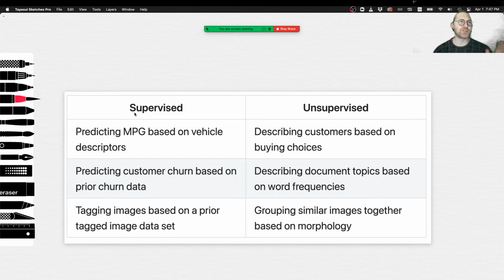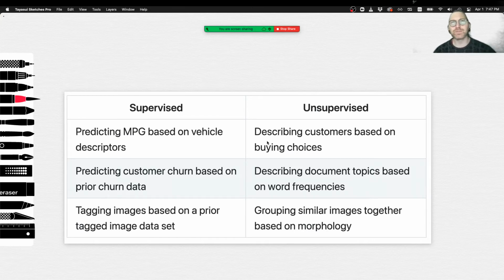You might be predicting customer churn, like customers leaving, based on prior data regarding customers leaving. You might be tagging images, right? So you have an image come up and you start labeling things in that image. That would be a supervised approach, right?